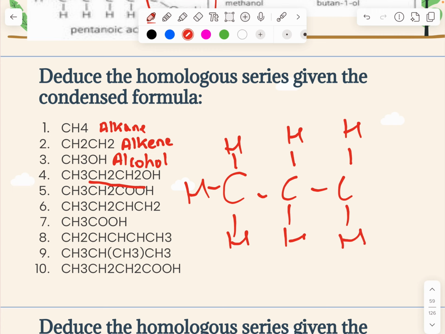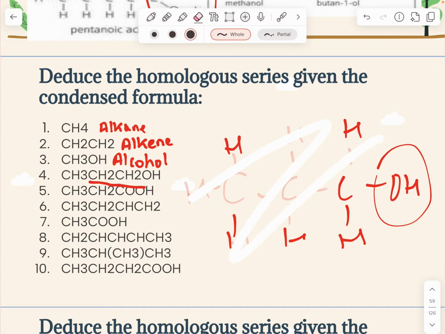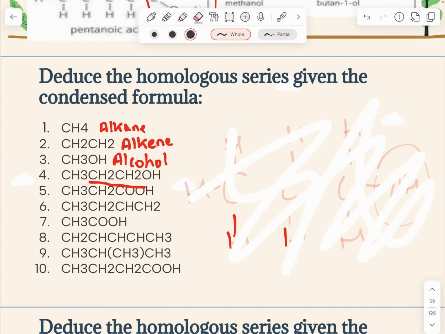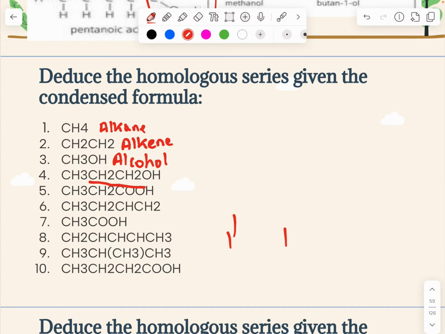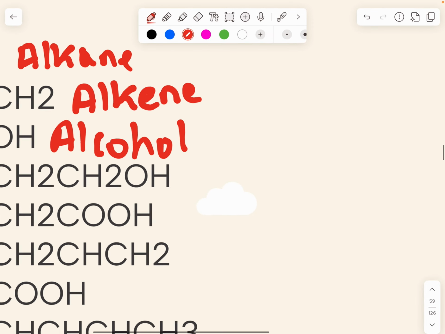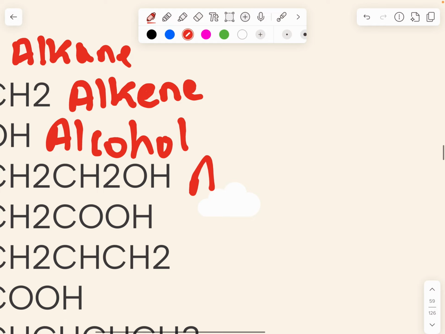And then there are no more carbons, but there's an OH. Right? And because of this OH, number 4 is, of course, an alcohol. Right. I hope we're understanding so far. Alcohol.